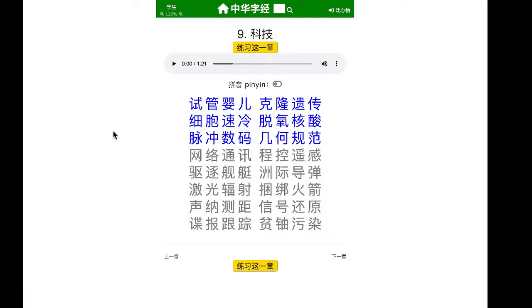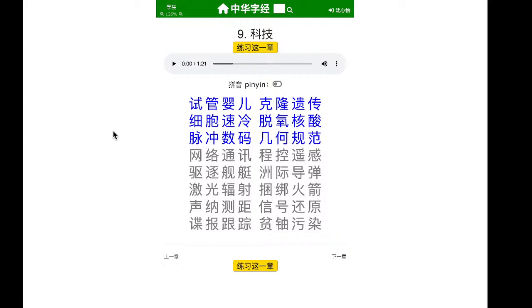And because all these things move around in circles, the one expression outwards is waves. These waves we call 脉冲. 数码 means digital, or a digitized thing.